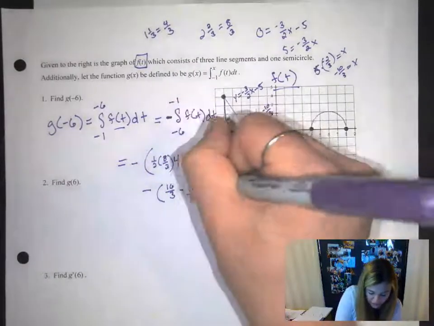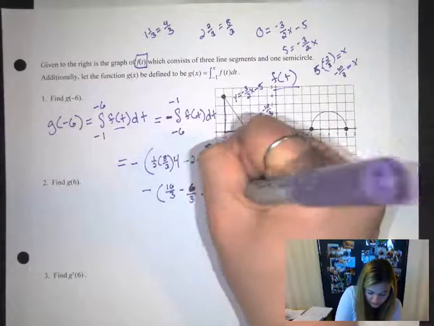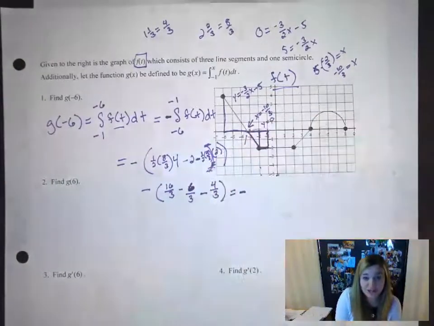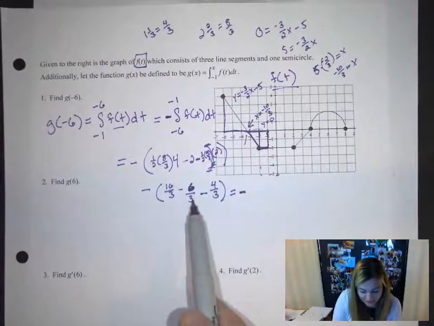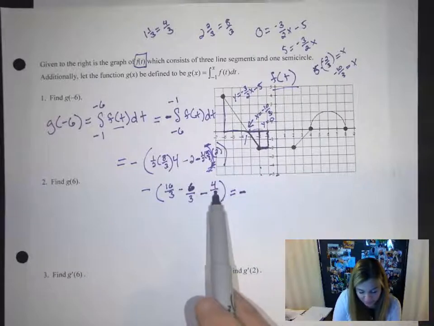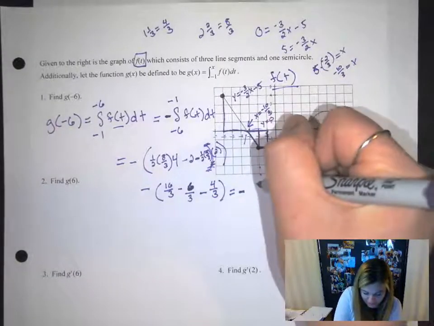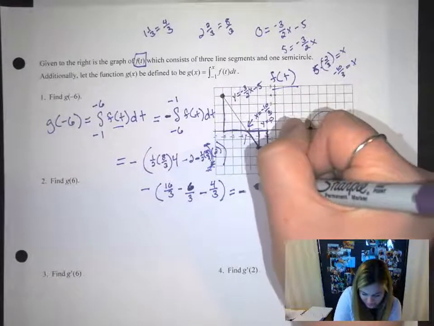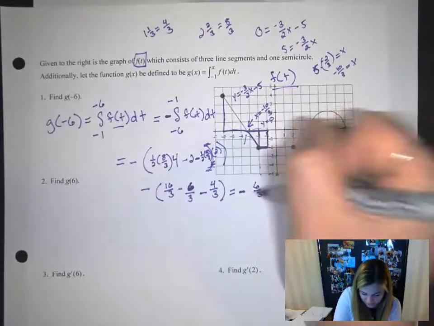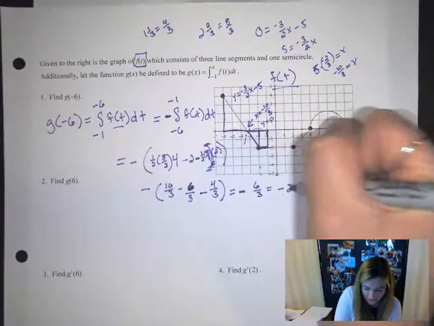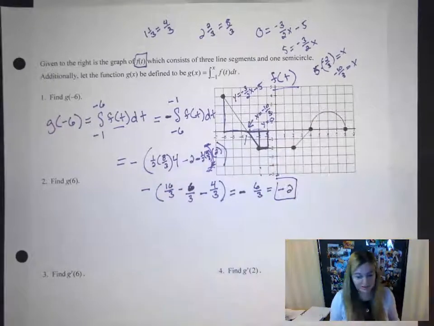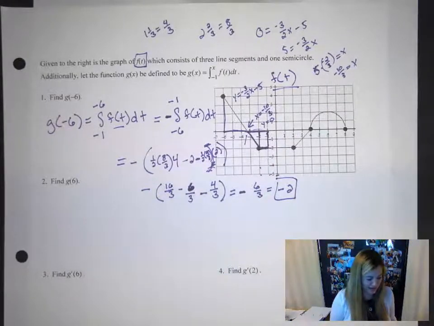So this is just -4/3. So many fractions. 16/3 minus 6/3 would be 10/3, minus 4/3 would be 6/3. So 10/3, 6/3, which is just, oh my goodness, this was a whole lot of work to get -2. Did you get that also?